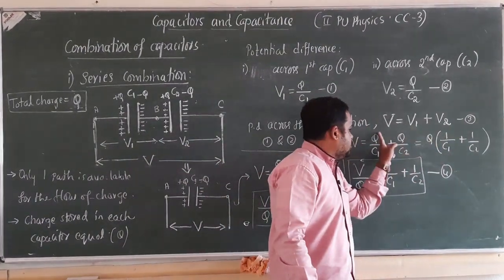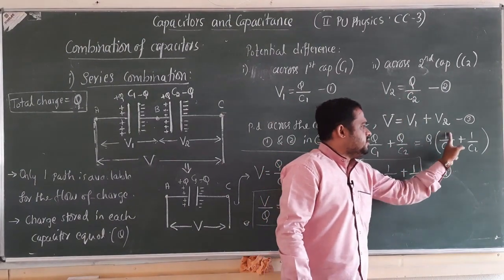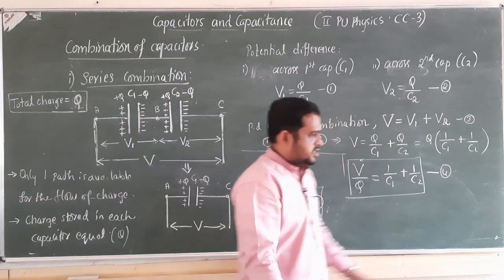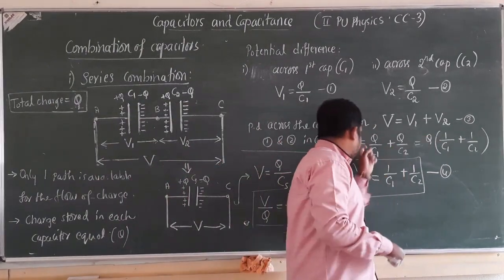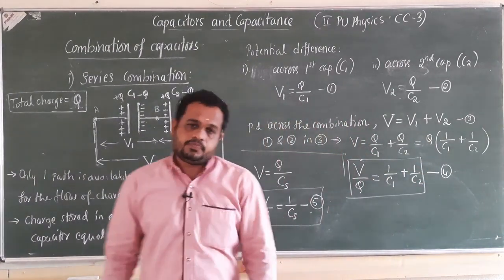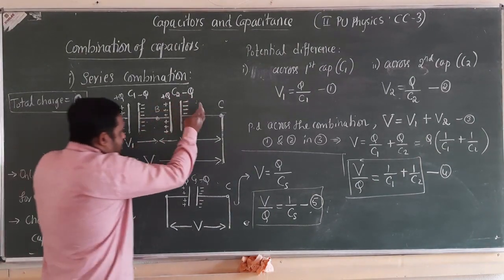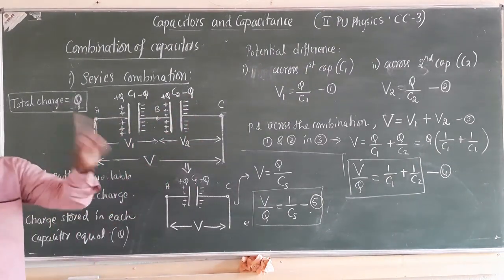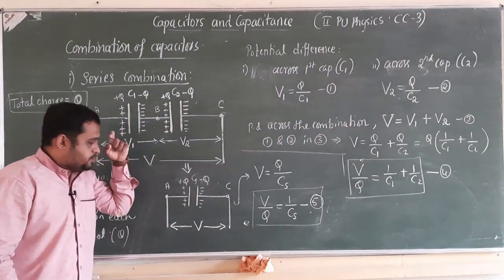But V1 is Q divided by C1, V2 is Q divided by C2, therefore V is Q into 1 over C1 plus 1 over C2. On rearranging this, V divided by Q is equal to 1 by C1 plus 1 by C2.